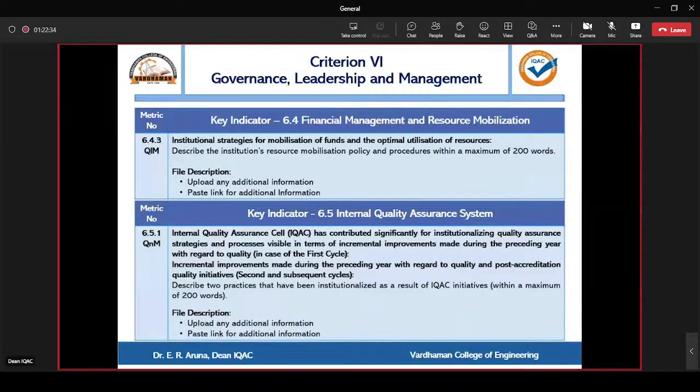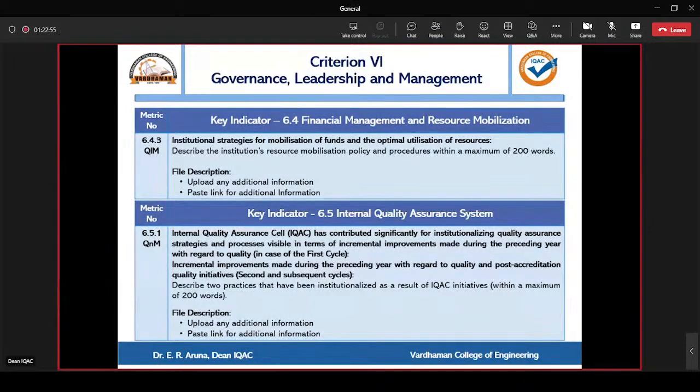Now let me go with the description about this. What is 6.5.1? The IQAC, the Internal Quality Assurance Cell, must monitor the maintenance of the desired level of quality in imparting education to students by taking utmost care through a well-defined curriculum, teaching-learning process, and assessments.